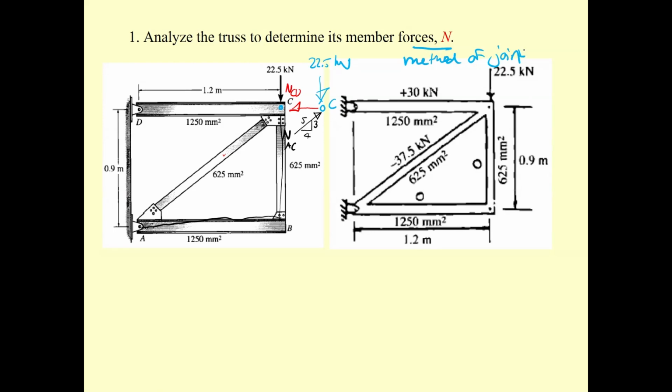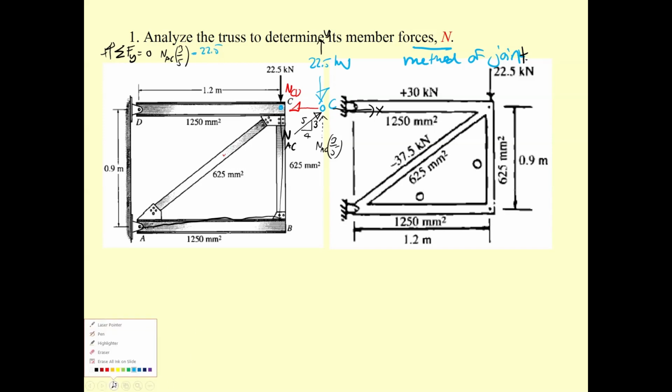By using the method of joints, which equation are you going to use? This is x, this is y. You know very well, you should start with summation of F sub y equal to 0. N sub AC times 3 over 5, upward is positive, is equal to 22.5.